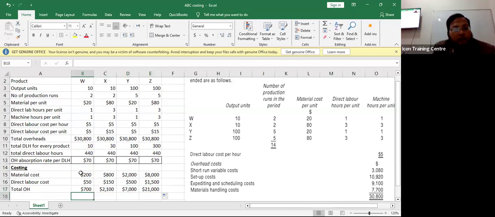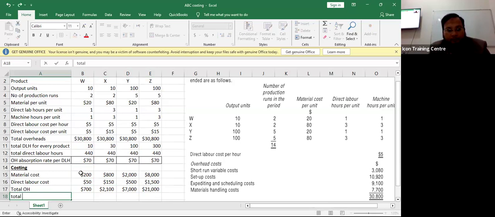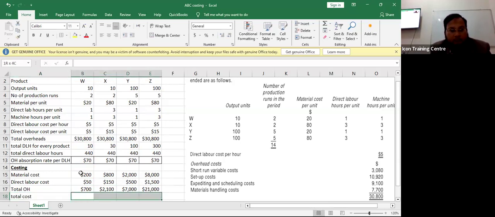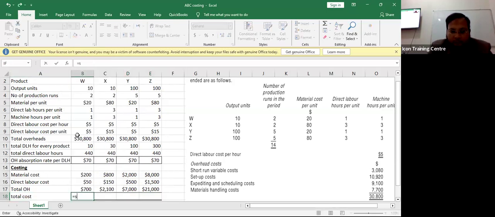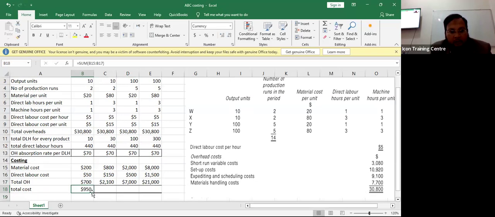So the total cost will be equal to the sum of these.